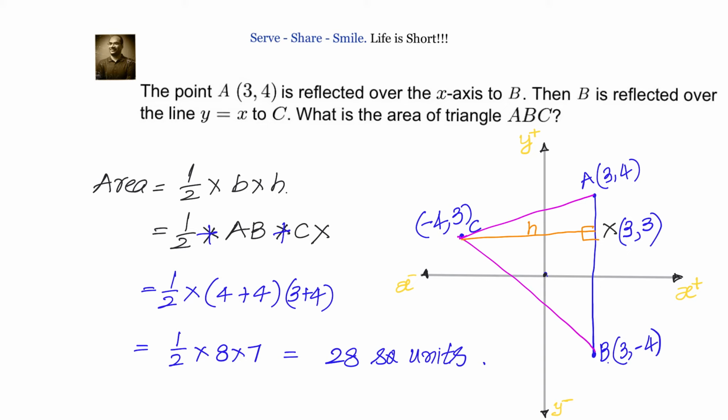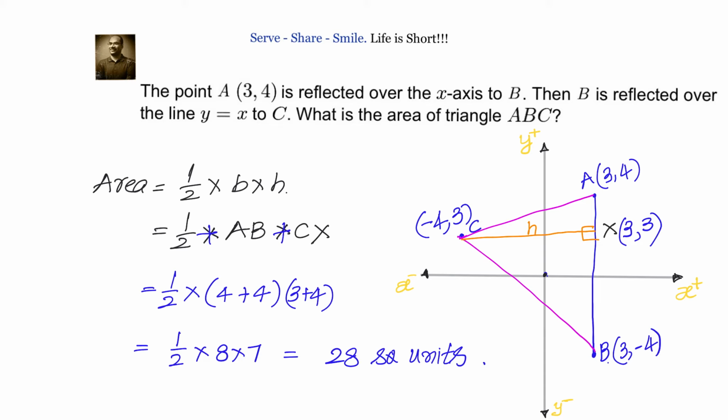Whenever a point is reflected over the x-axis, the x coordinate will remain the same, the y coordinate will change. Similarly, if the point is reflected over the y-axis to another point, then the y coordinate will remain the same, the x coordinate will change the sign.